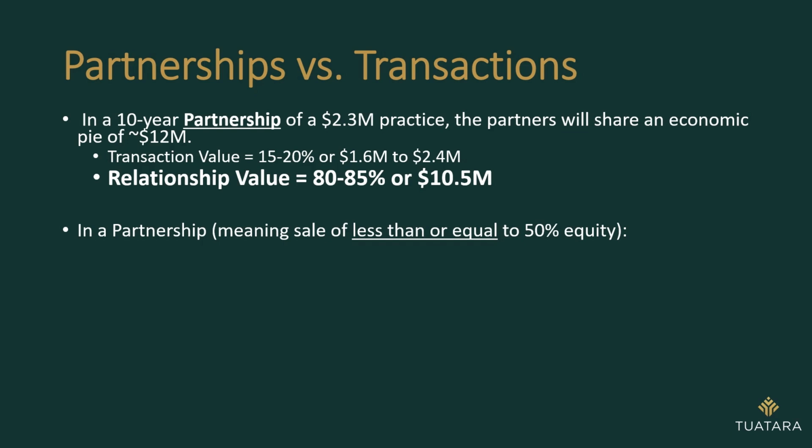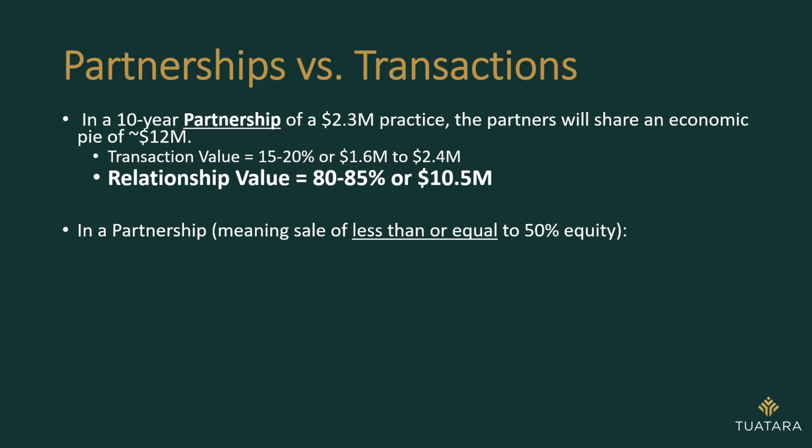So as we did before, let's clarify what we mean by a partnership. I already explained that we consider anything less than 10 years to be a succession plan, not a partnership. A partnership means the sale of less than or equal to 50%. So again, a transaction is more than 50%. A partnership is up to 50%.